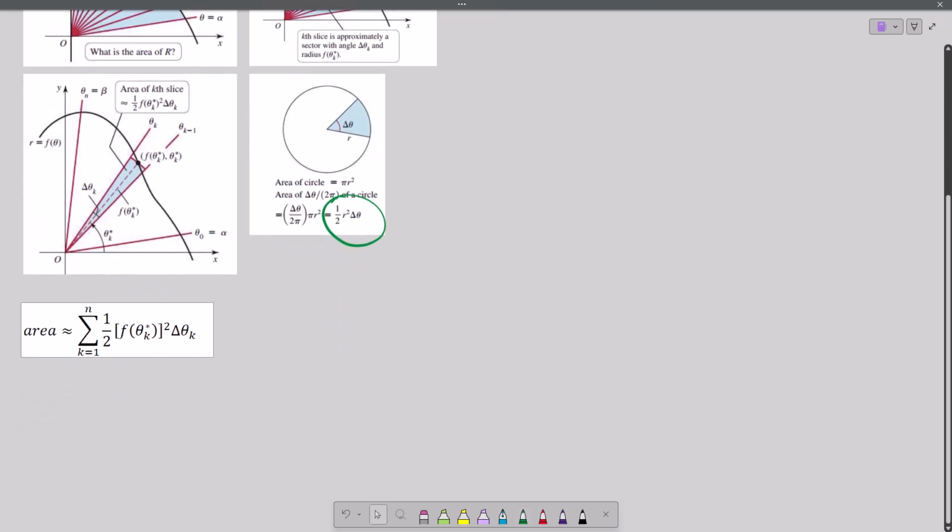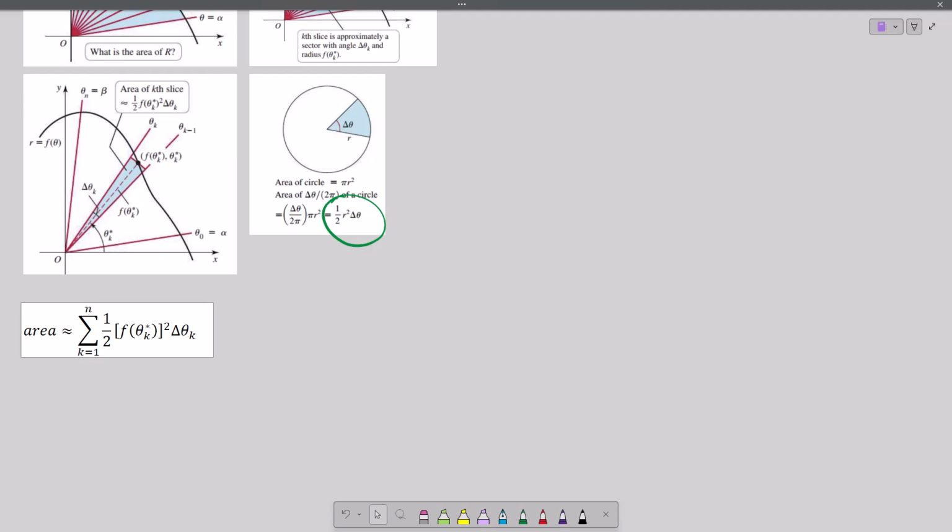And just like in Calc 1, here we're not going to go through the nitty-gritty and look at left-hand points and right-hand points and all that business. What we know is that as the number of sectors increases, that little angle gets smaller and smaller. It's going to 0. And if you add them all together, you get a Riemann sum. This Riemann sum approximates the area.